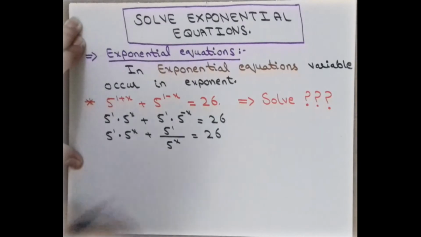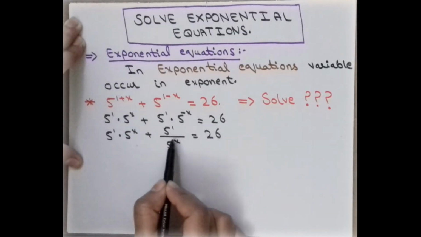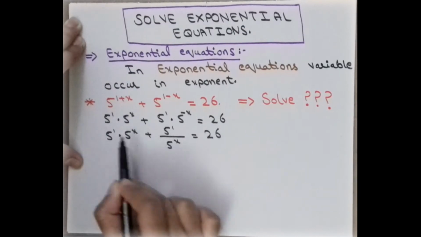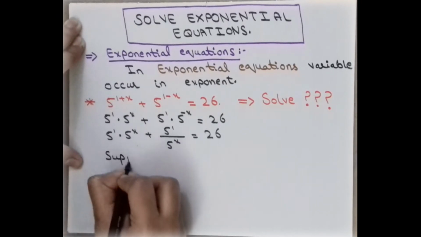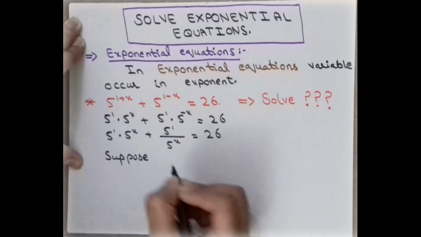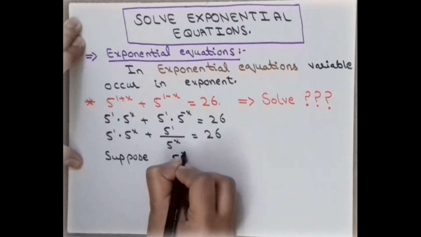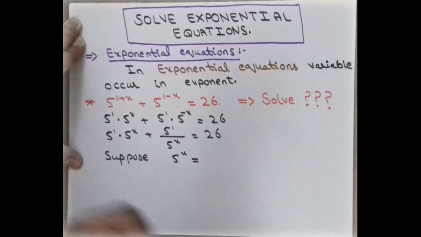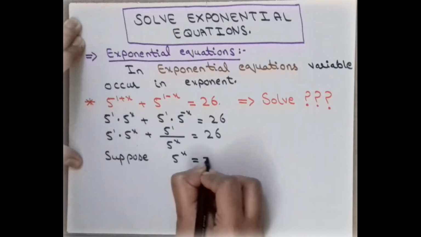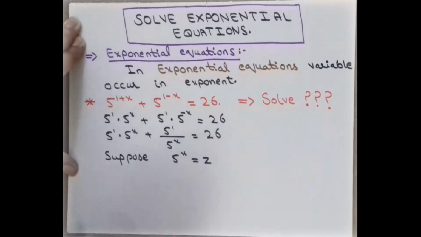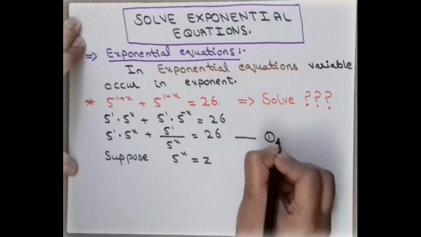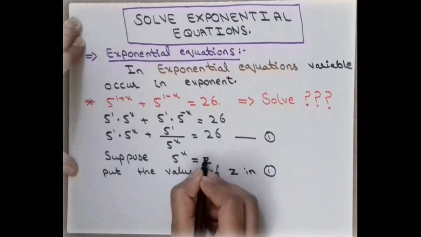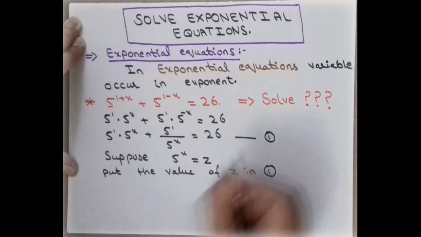Now we have to make a supposition, because the variable is in the power and 5 to the power x is the same. So we suppose 5 to the power x equals y, z, or anything. Let's suppose we take z. Let's call this equation first. Put the value of z, which is our supposition, in the first equation.